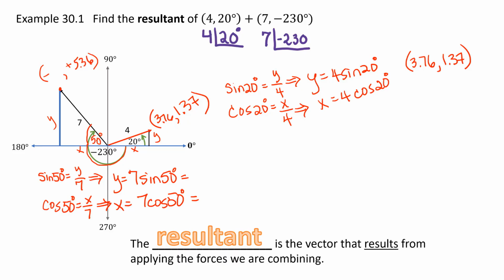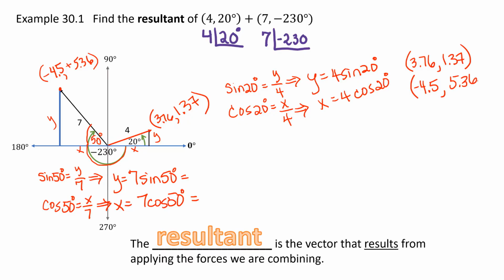And then our x is 7 cosine 50. So cosine 50 times 7 is going to be about 4.5. So that's going to be negative 4.5. All right, so I'm just going to write both points over here because I want to add them together. So negative 4.5 for my x on that one and 5.36.